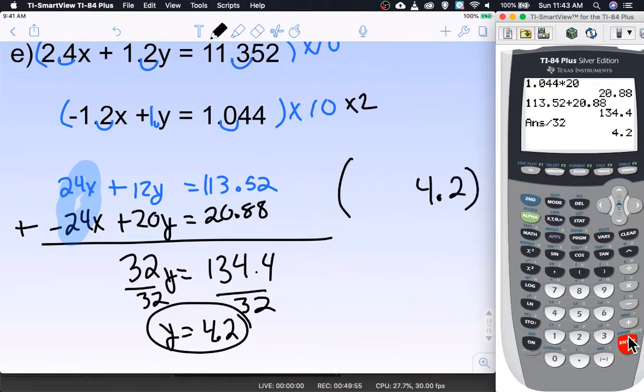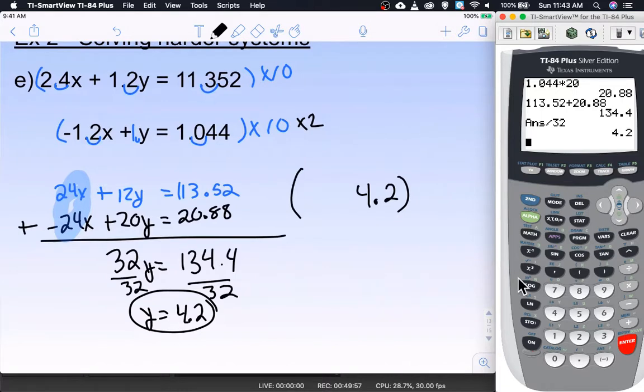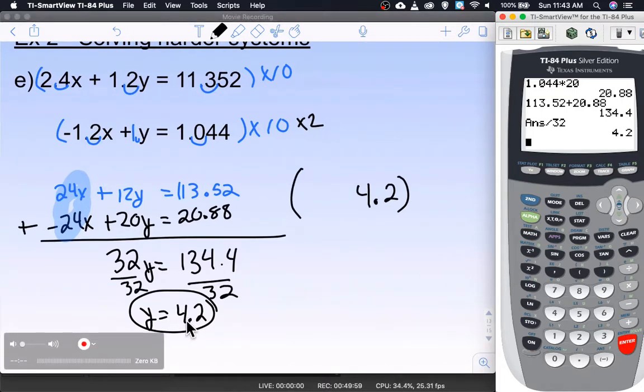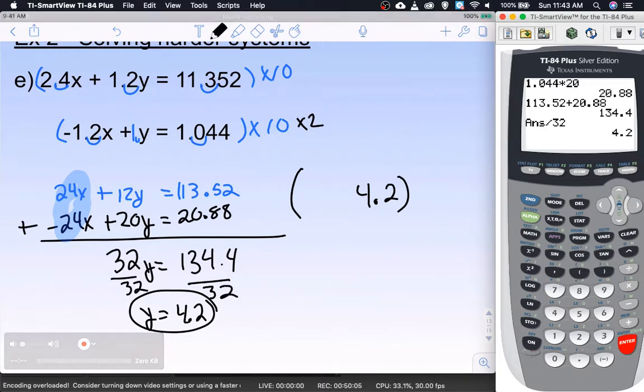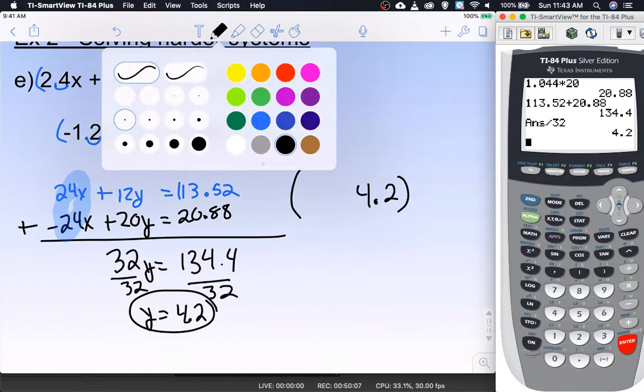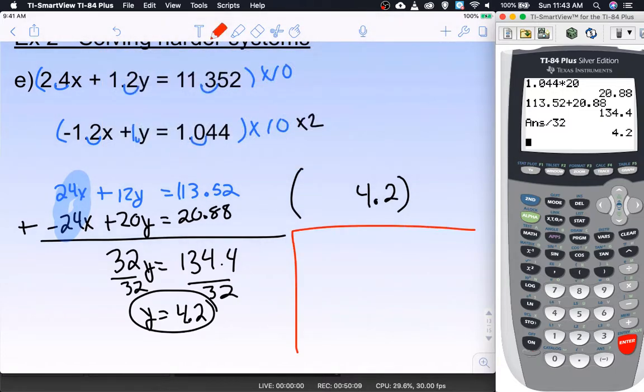And now to find the x value, I'm going to take 4.2 and plug it back into one of my equations somewhere. I guess we're going to use, I don't know, doesn't really make much of a difference. This one? Sure, why not? Negative 24x plus 20 times 4.2 equals 20.88.